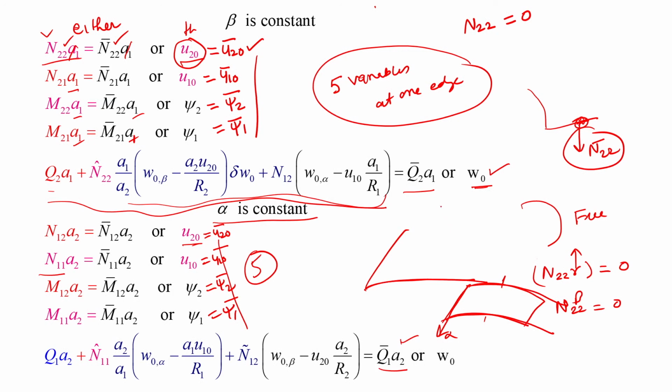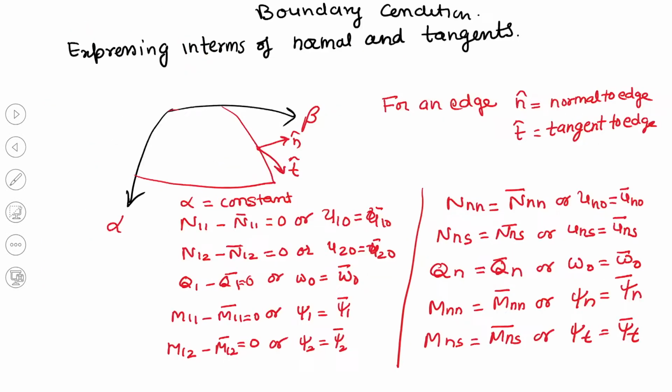But there may be cases where you have chosen a coordinate system like that, but we are getting a boundary like this, a corner like this. Instead of this, we are getting a curved shape. Then over these boundaries, what are the variables to be specified? At the boundaries, we have to say in terms of tangent and normal. So, I am going to write these variables in terms of tangent and normals.